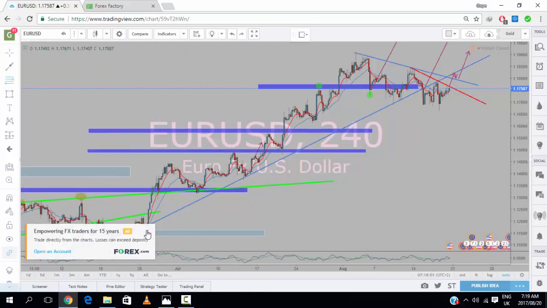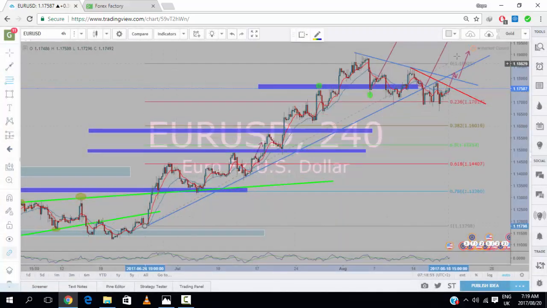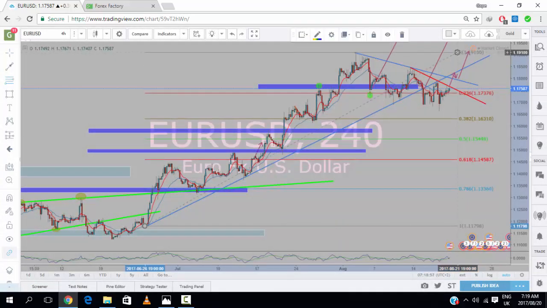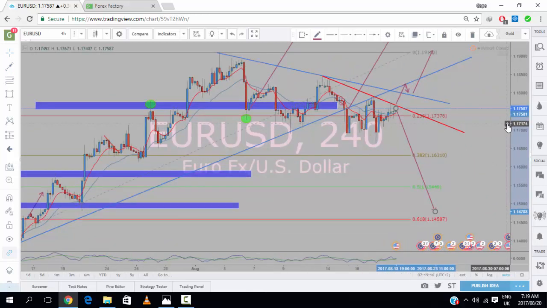It's gonna be quite simple. If it doesn't break that red, then what it's gonna do is come back here to around the 0.618 line. That's what I foresee, right?